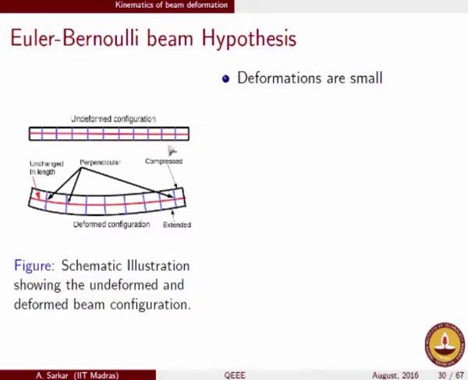As per the Euler-Bernoulli beam hypothesis, as per these assumptions, what we have for sure is the following, that after deformation, this grid of lines will bend in this fashion, but the strange thing is that the perpendicular lines, here the blue and red lines, are perpendicular. Even after deformation, the perpendicularity is assured. That is, the red and the blue lines before deformation were perpendicular. Even after deformation, the red and the blue lines will remain perpendicular.